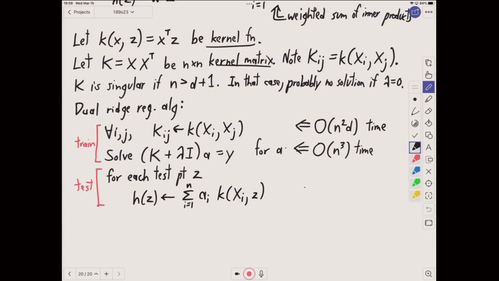And then for each test point, it's going to take order nd time to give the label for that test point. And I don't know how many test points you have, so I left that out, but nd times the number of test points is going to be the running time of the test phase.